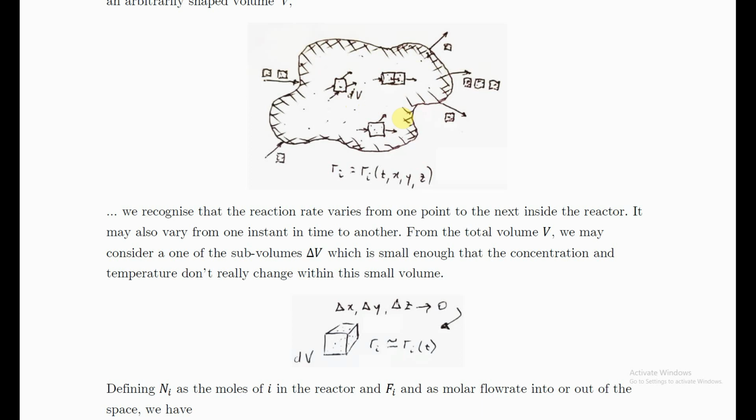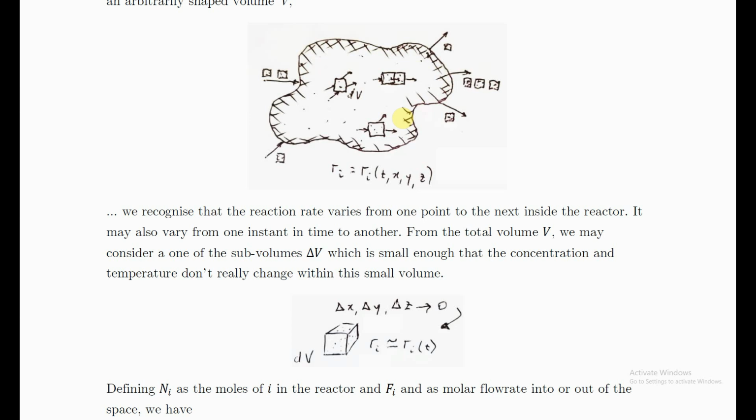Those are where we can imagine that, yes, this is a complex shape in our reactor, but we can identify perhaps 1 cubic centimeter in our reactor. The reactor might be 100 cubic meters in size, but we can think of a particular fluid element in the reactor or a specific space in the reactor, and we can point to that space and say, there's 1 cubic centimeter of space in that reactor.